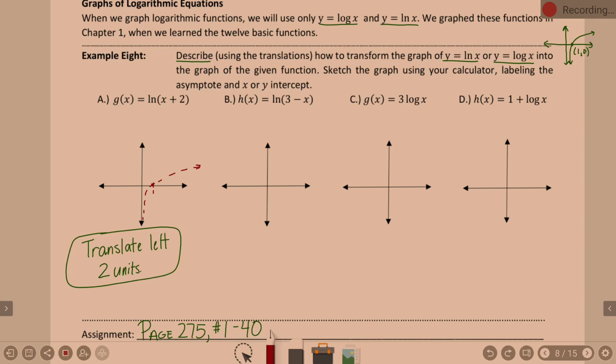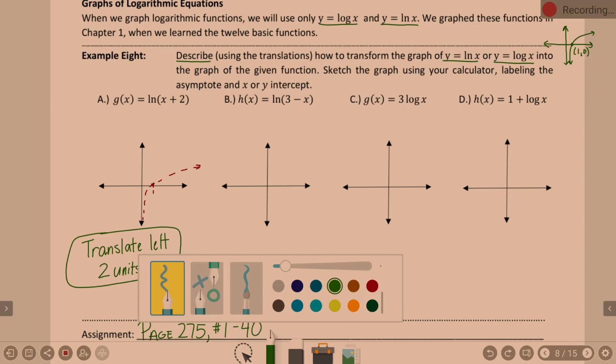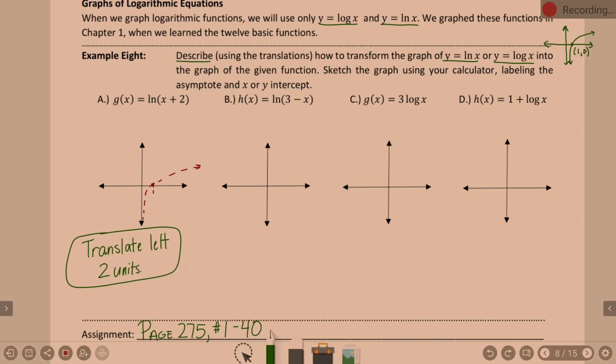Now, so that's just natural log of x. What's going to happen when we move that left 2? It just goes over to negative 1, 0. Okay, so it's going to cross through the point at negative 1.